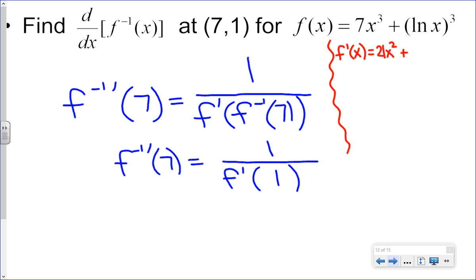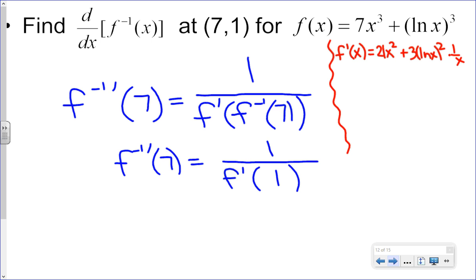Trevor, help me out. 3 times the natural log x squared times 1. Good, because we have to apply the chain rule. Very good. Okay. Don't worry about simplifying, because what do we need to do with our derivative? Plug in 1. Yes.